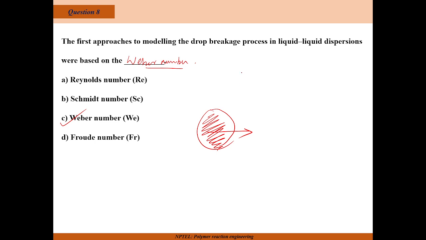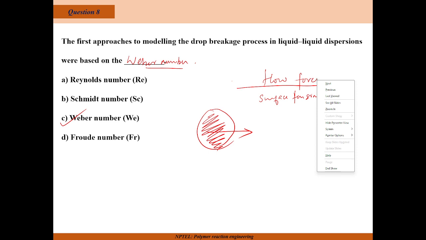Actually, the Weber number can be written as a ratio between the flow force and the surface tension. And as the name suggests, it's a number, so definitely it's a dimensionless quantity.